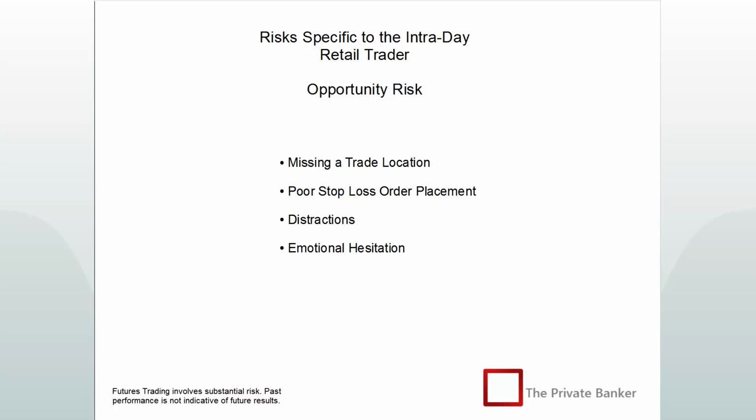Again, distractions, as I just kind of alluded to earlier with the missing trade location. Emotional hesitation kind of plays into the whole psychological aspect again. And what I mean by that is, the market comes to the level that you want to take a trade. You've planned on where to take this trade, and you just sit there frozen.